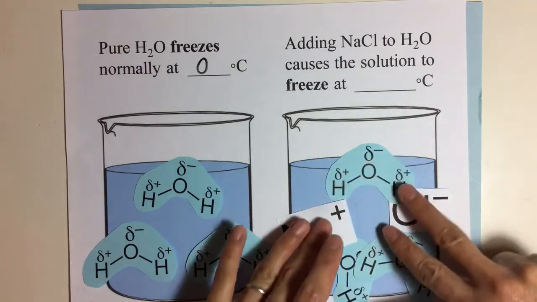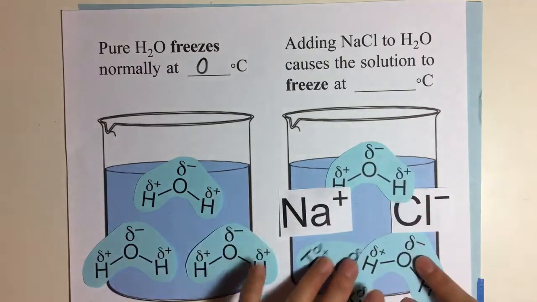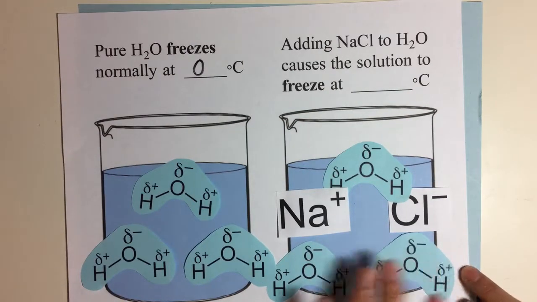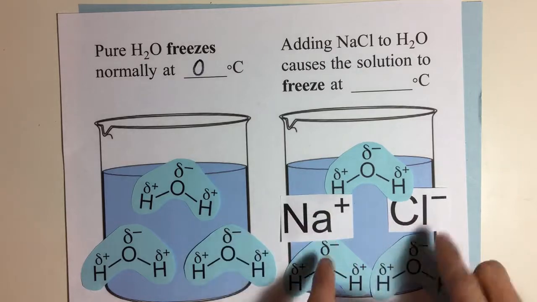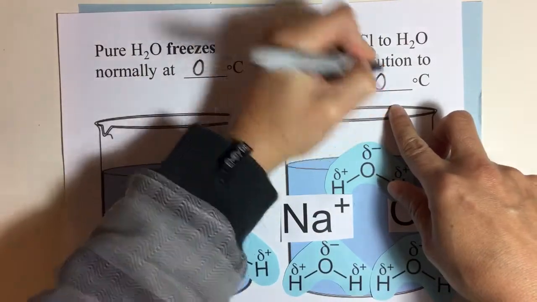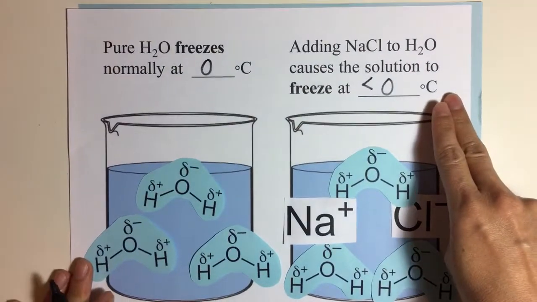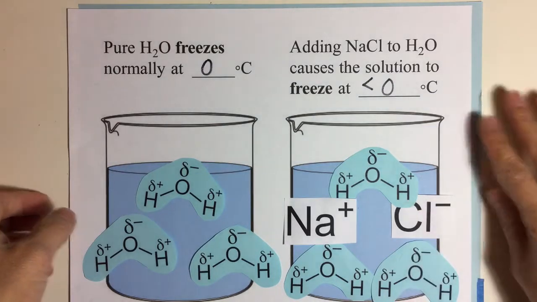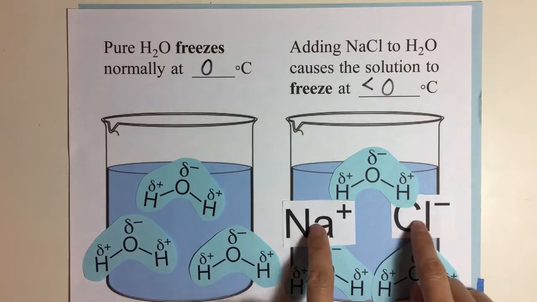And so you'd have to depress the temperature in order for these particles to organize themselves again with this added solute. So it's going to be less than 0 degrees Celsius as a result of adding a solute to the pure solvent.